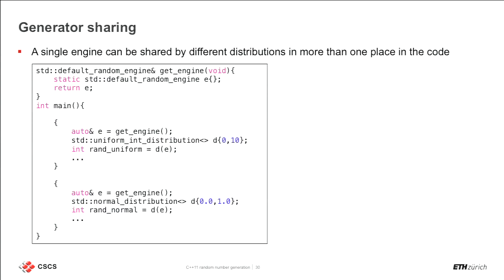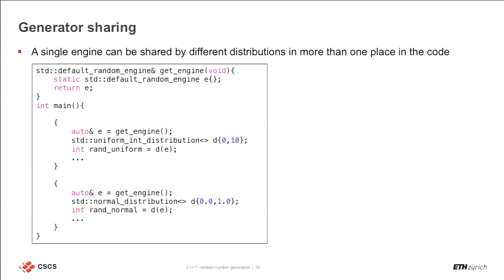And the last point is about sharing an engine in different points of your code. Let's suppose that you want to use the same engine in different scopes, in different parts of your code. I'm just separating here the parts of code using the scope. You can do something like that.